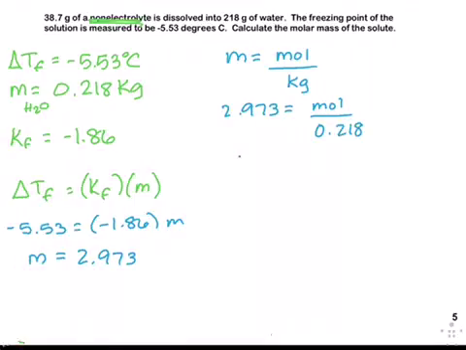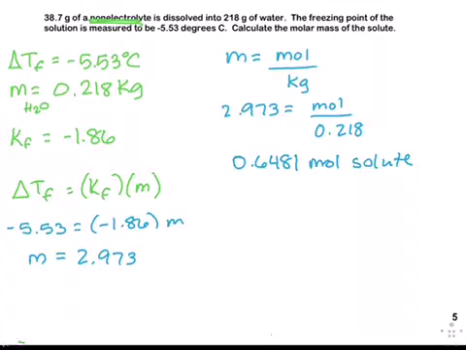So then we should get 0.6481 moles of solute. So do you see how this is working backwards from what the previous problem gave you?